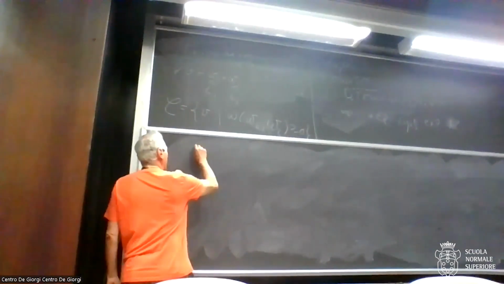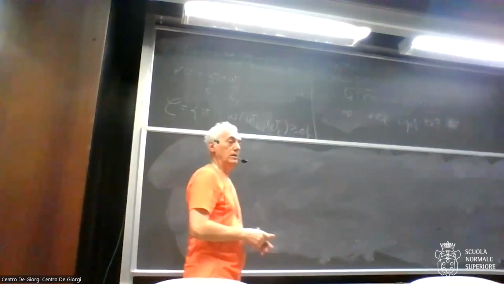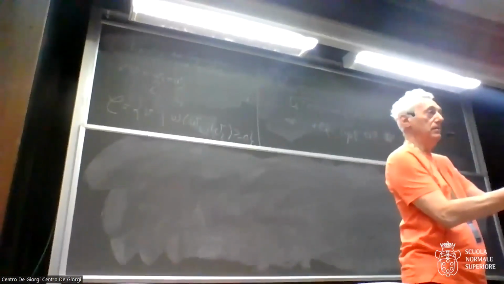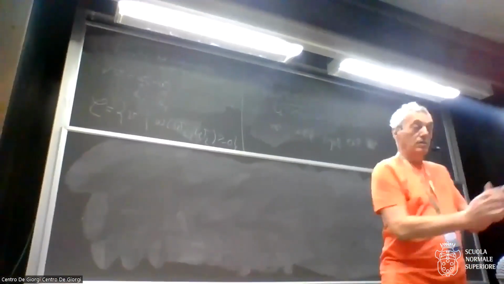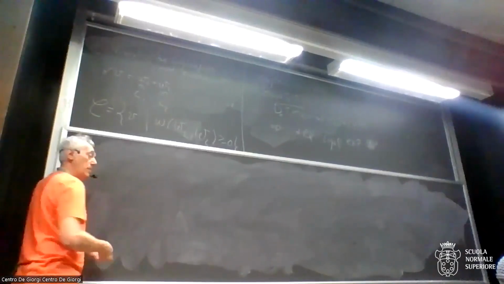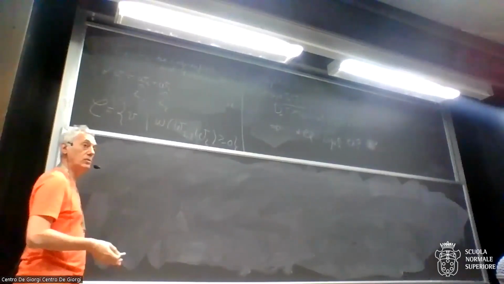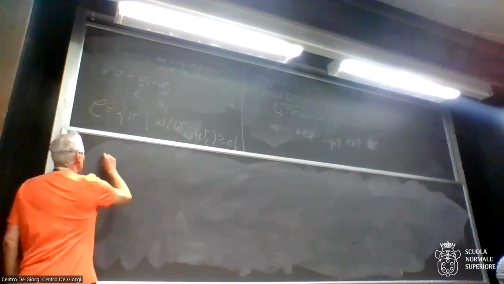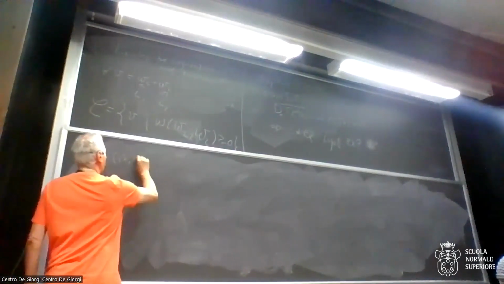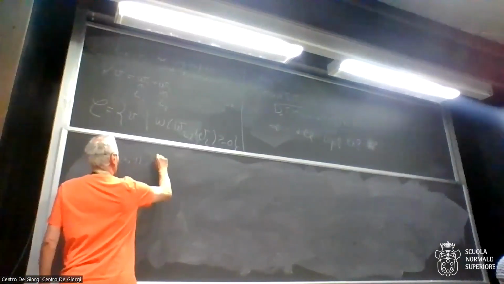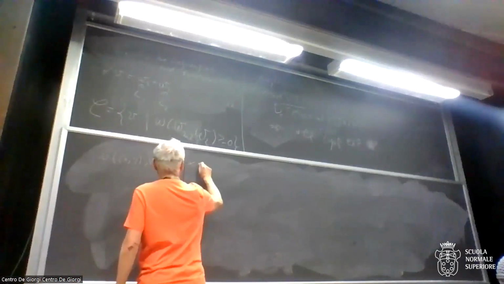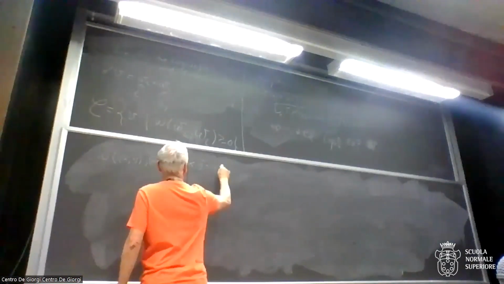So let's say first of all, you can check that if you have 2 Lagrangian subspaces in 2 dimensions, you can always make a symplectic change of coordinates in which the symplectic form is just x y tilde minus y x tilde.